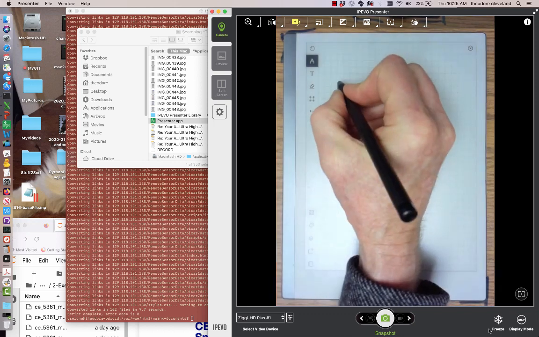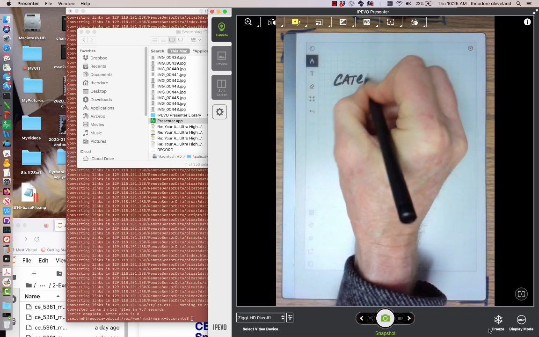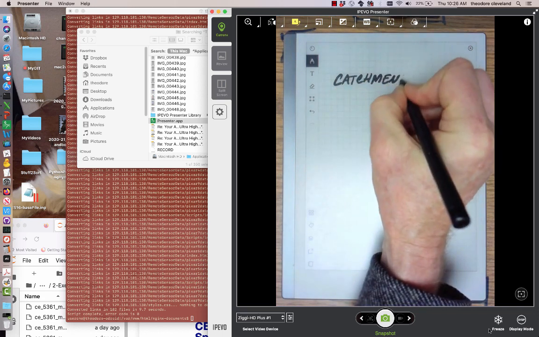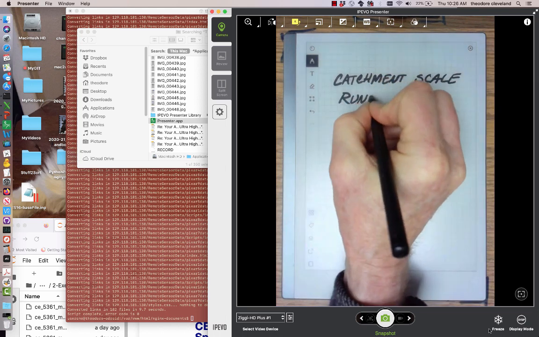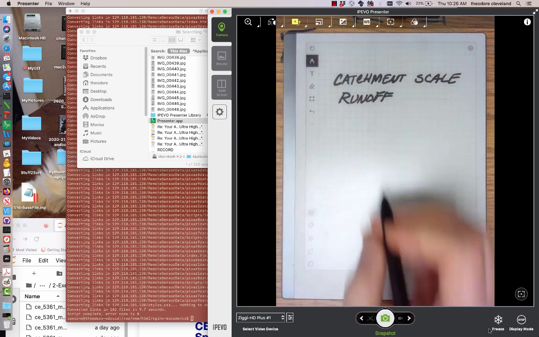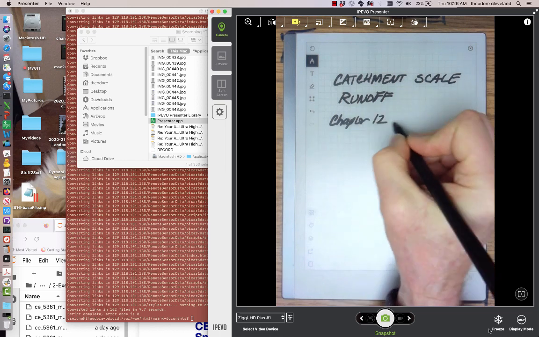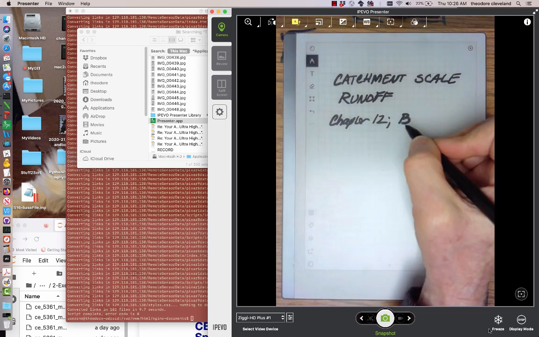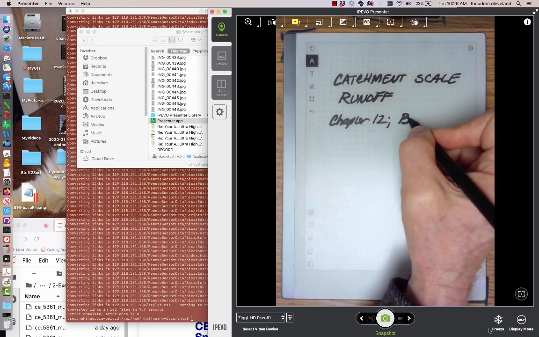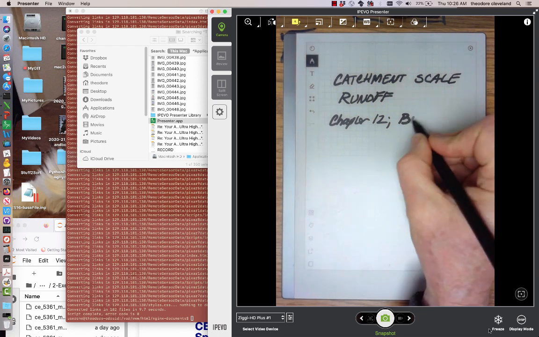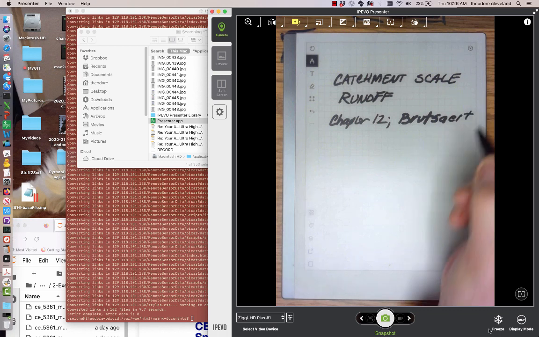And so the next few meetings we're going to discuss catchment scale runoff. We won't use the word mechanisms. It's essentially chapter 12 of Bruce Rutsaert's book, B-R-U-T-S-A-E-R-T.